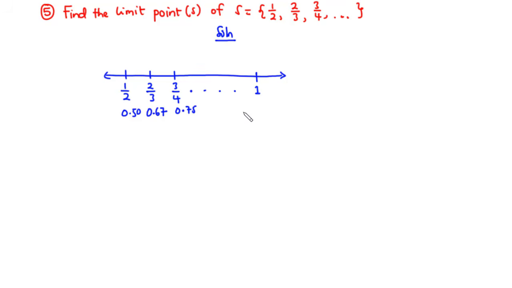Now as this set of numbers approaches 1, we can have the open interval represented by the delta neighborhood of 1, that is 1 minus delta, 1 plus delta, such that the intersection of this interval and the set S will have infinitely many points.